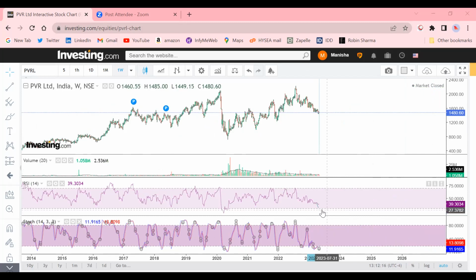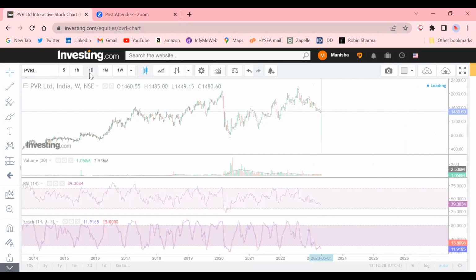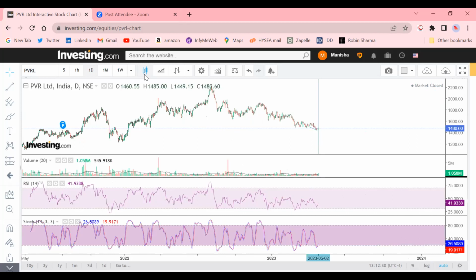This is PVR Limited India. Go to the daily time frame. Now, look at the previous low.